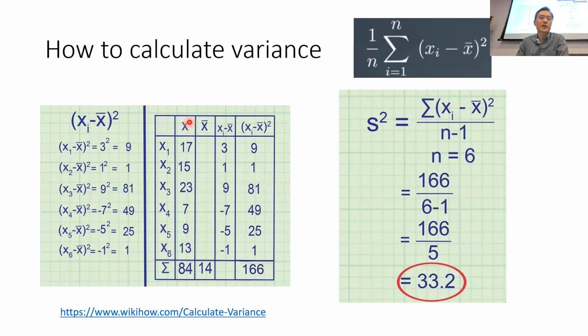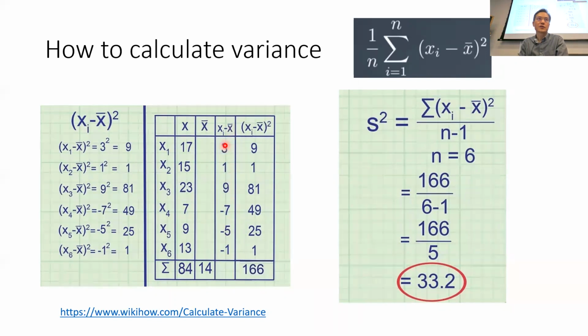On your screen, X is the expression level, for example, for a particular gene. Gene X is expressed across 6 cells with expression levels 17, 15, 15. So the average is 14. So you take every cell's expression of this gene minus its mean. So you centralize the expression. In this case, after you centralize the data, the expression of this gene across cells has an average of 0, because we put the origin in the middle of the data.